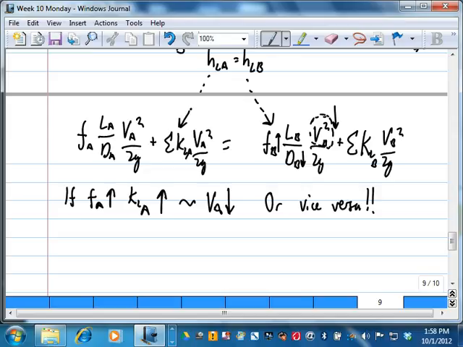So for a given pumping capacity, you are decreasing the diameter and increasing the friction factor, because now the pipe is very rough and hard. This one goes down. Is that alright?